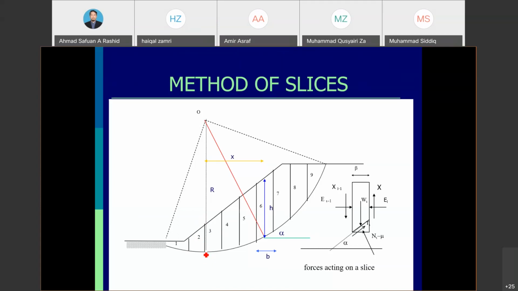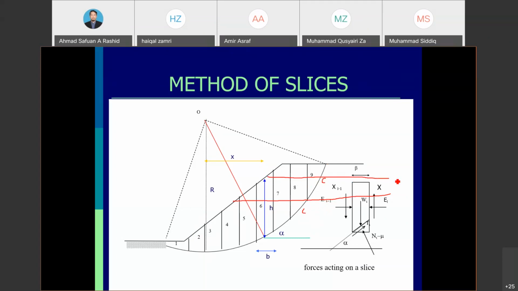So for example, if we have two layers of soil, I will discuss this again later. We need to make sure that the base of the slice only represents one type of soil, because we will put in the C value. So do not draw it this way.